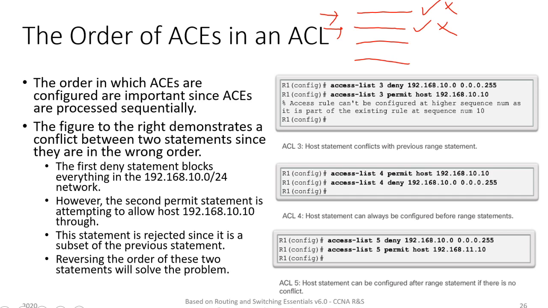Say, for example, if we do a deny statement like this, this wildcard mask is going to match with this particular network. So anything here will match.